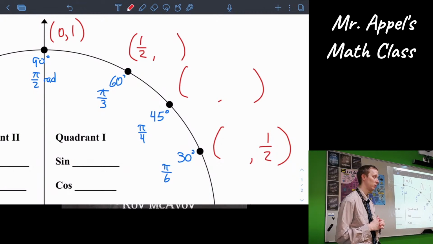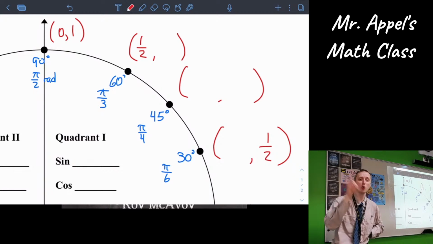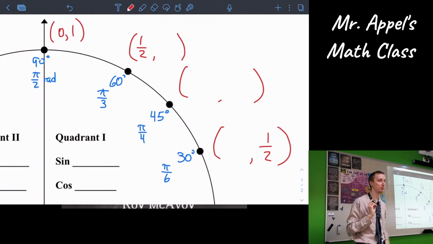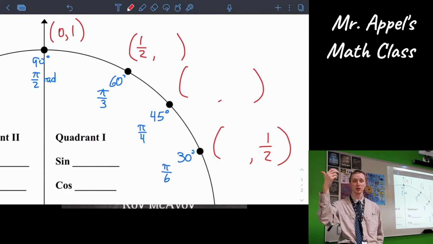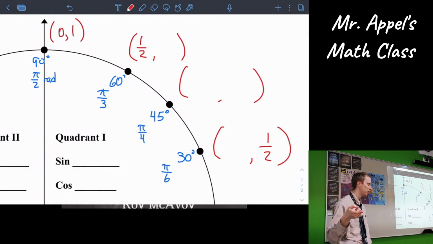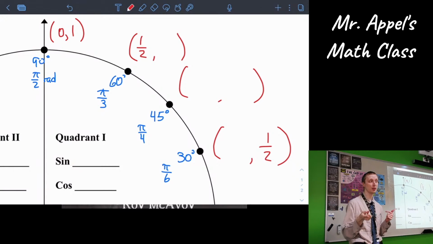With me so far? There's only two other numbers we need. That's it. There's two other values that fill the rest of these blanks. And they are the irrational sides of the special triangles. We had two irrational numbers out of our special triangles, square root of 2 and square root of 3.